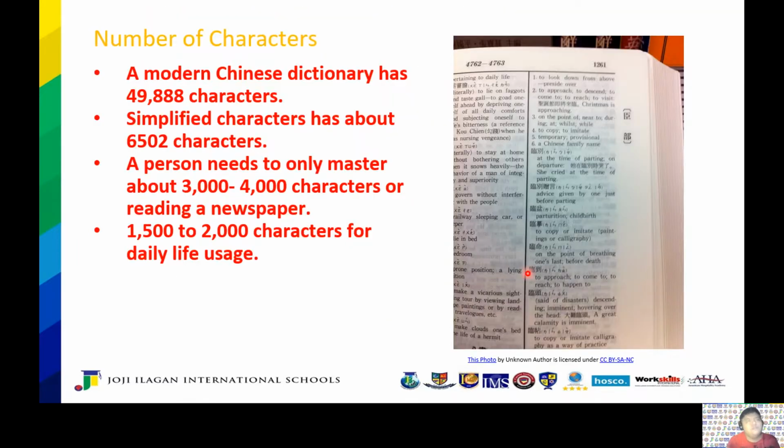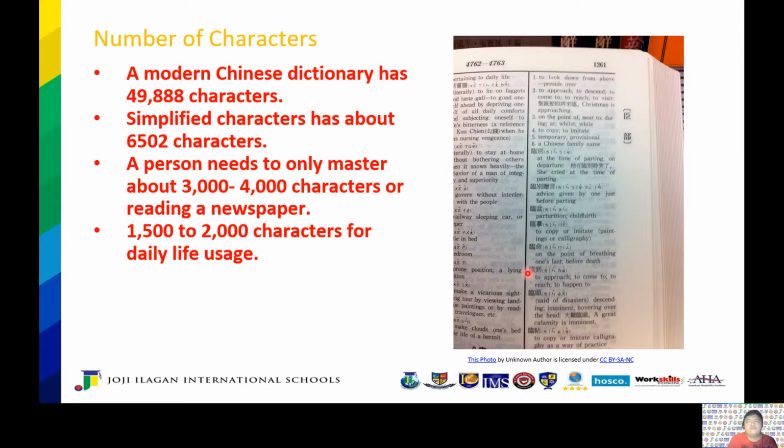That's a relative amount. If you are a serious speaker of Mandarin Chinese, I would estimate around 2,000 to 2,500 for a regular student of Mandarin Chinese who is required to write characters.